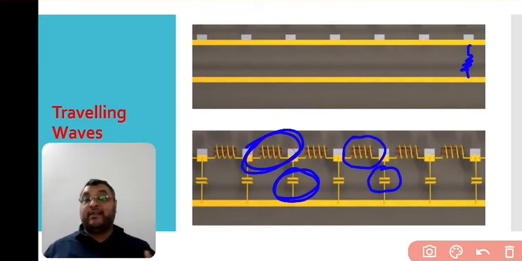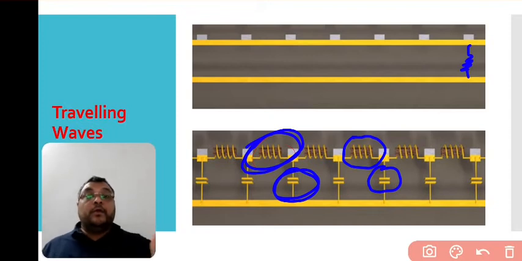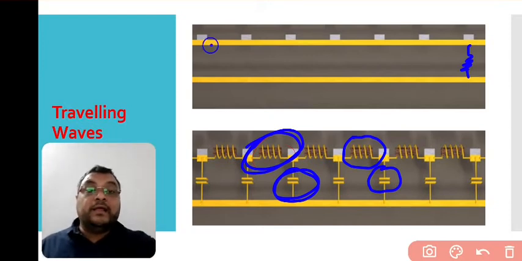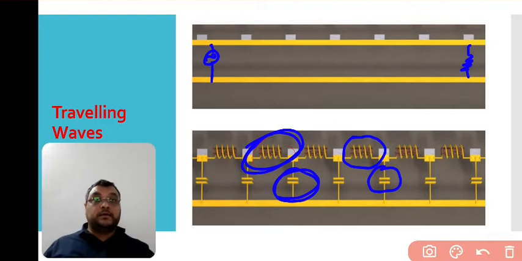That's why traveling waves occur. The main reasons are switching at the section, and if lightning strikes the transmission line, then the magnitude of the traveling wave could increase in an undesirable way.